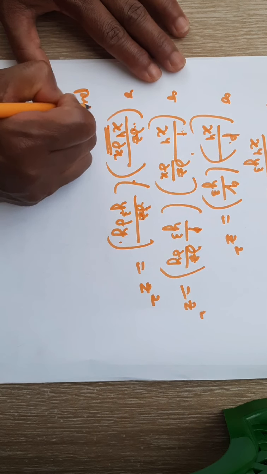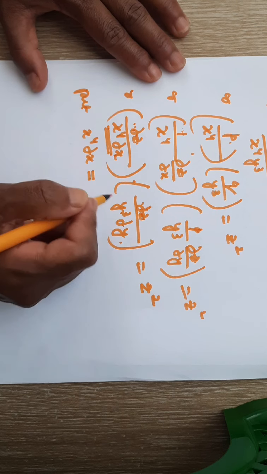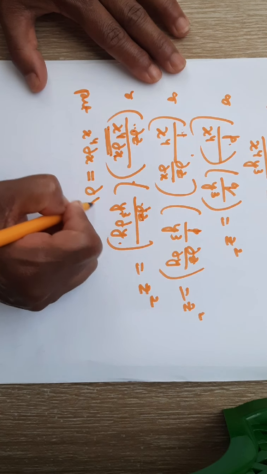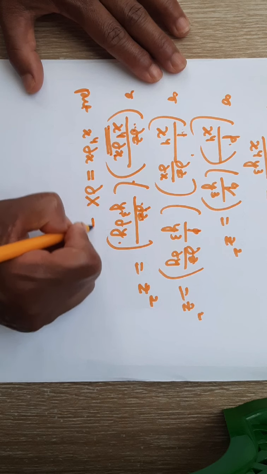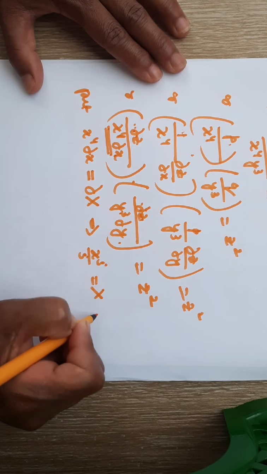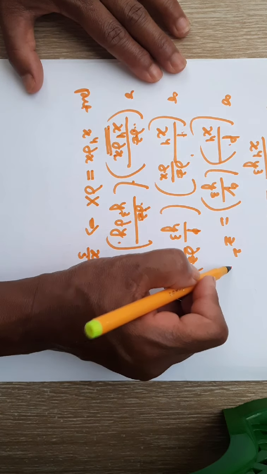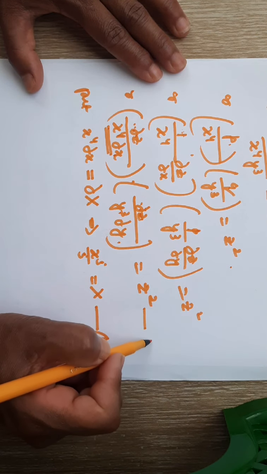So now you put x to the power 4 del x is equal to del capital X. Then this implies x to the power 5 by 5 is equal to capital X. Let us name this as equation 1. Name this as equation star.